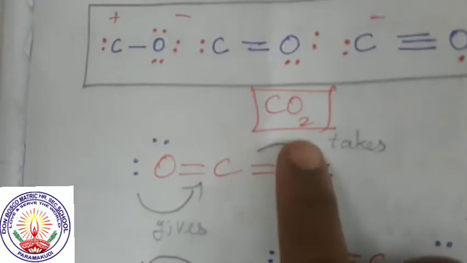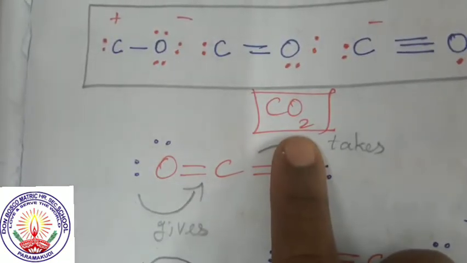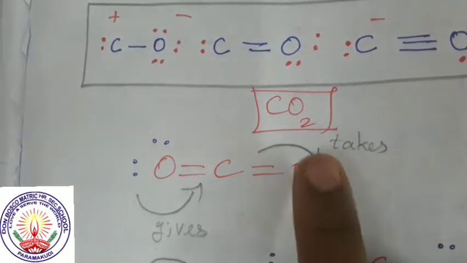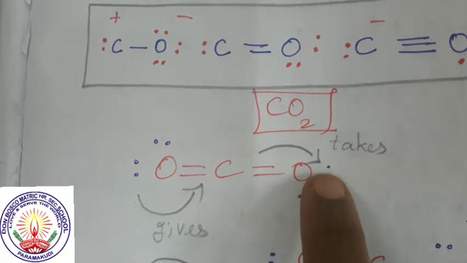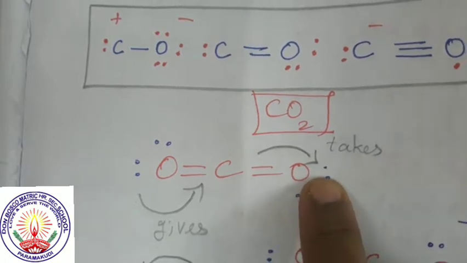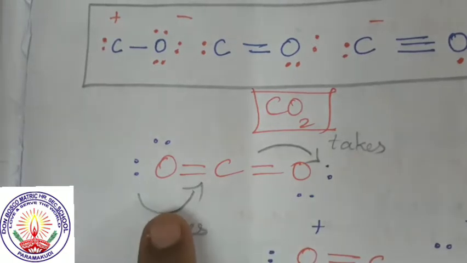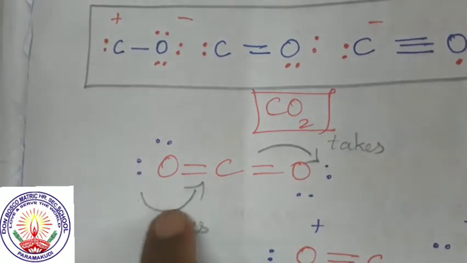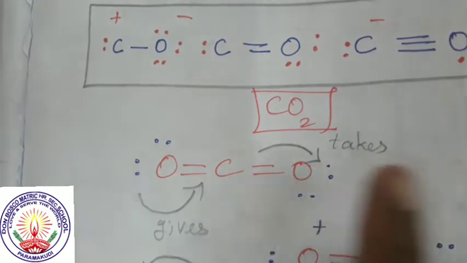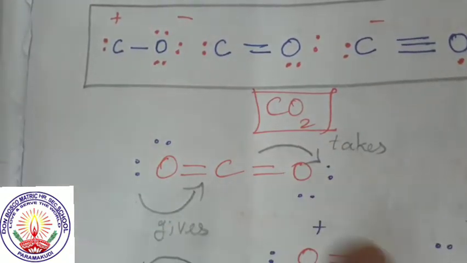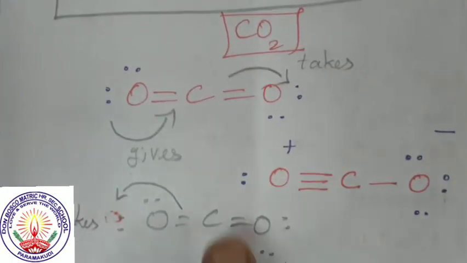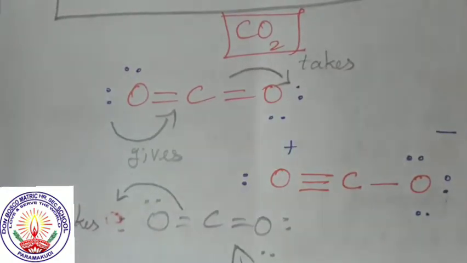But in carbon dioxide it has no charges, because when one of these oxygens receives bonding electrons, here it gives an electron pair, so it is neutralized. Therefore carbon dioxide has no charges. We shall see this in detail.